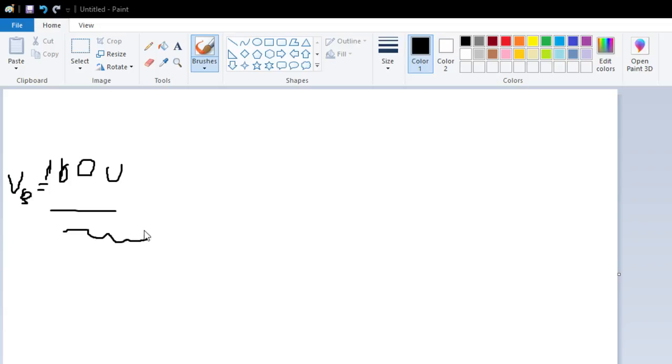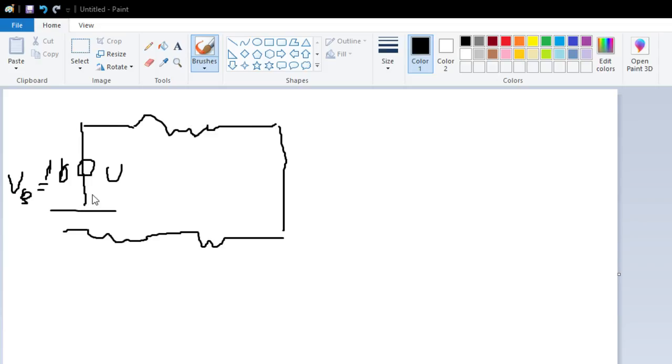First resistor, straight line, second resistor, straight line, go up, regular resistor right there, and then come back down to this battery.